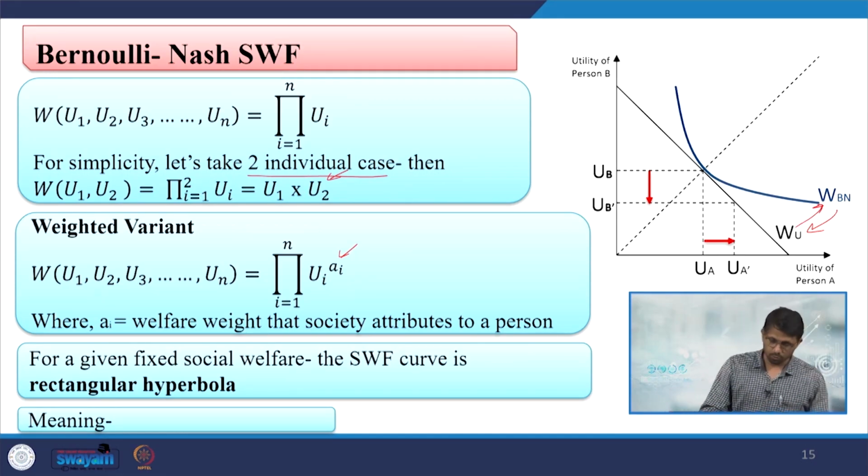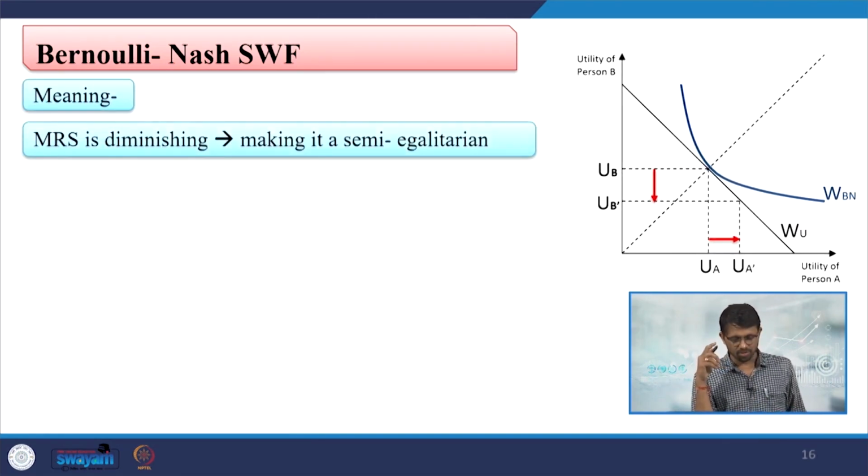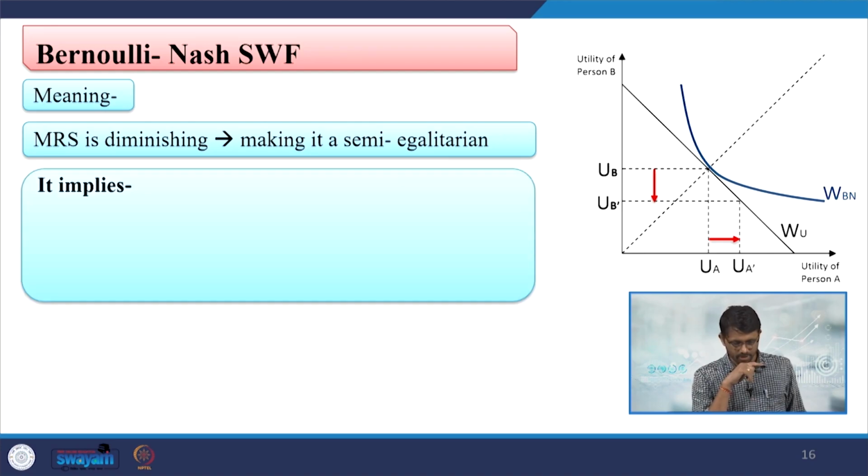When we discuss a product based function and its respective weights, we end up with an SW function out of the Bernoulli-Nash SWF which is considered to be largely a rectangular hyperbola, and which has the interpretation that it is semi-egalitarian, because the weights which we discussed as completely similar are not necessarily the same, and thus largely this is due to the diminishing MRS, marginal rate of substitution.